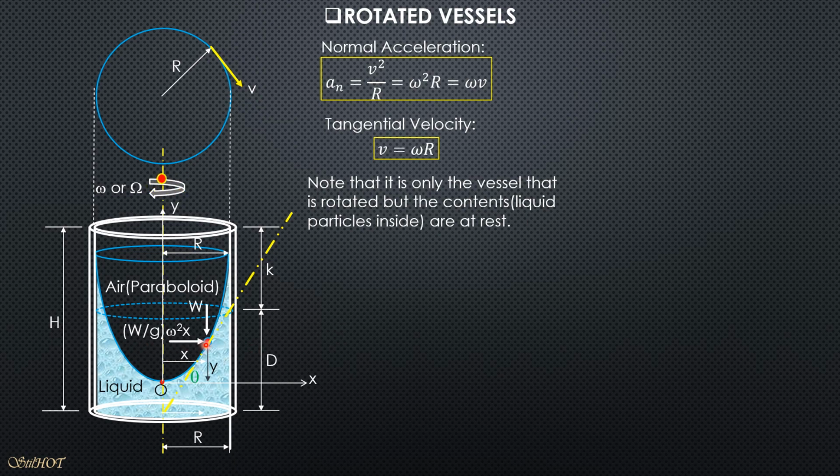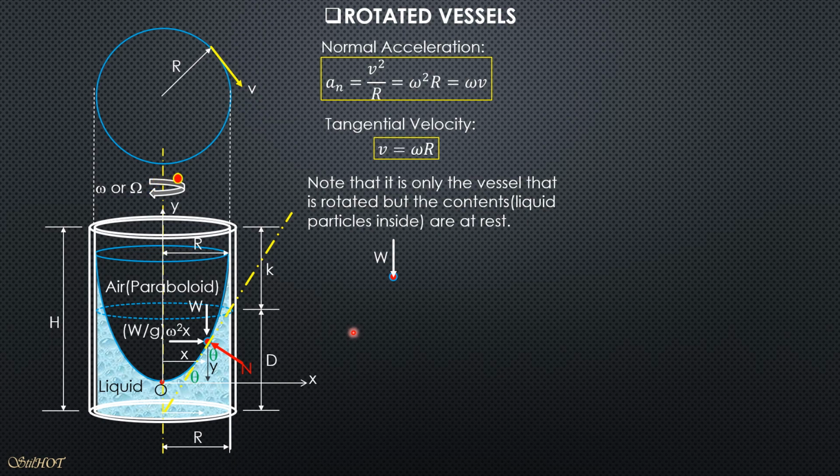And because this is at rest, there should be a force that will make it in equilibrium, and we will denote that by normal force due to the other particles under or surrounding this particle here. So the angle between the vertical and the normal is also theta.